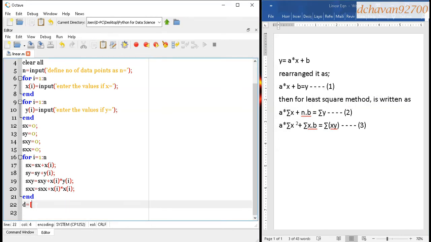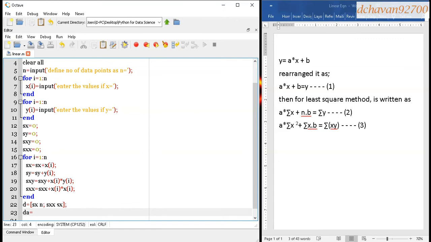In our first equation, the coefficient of variable is what? Summation of x, that is sx, and then n; and in the second equation it is sx2, that is sx square, that in our case is s double x, and summation x, so sxx and summation x. So this is completed.